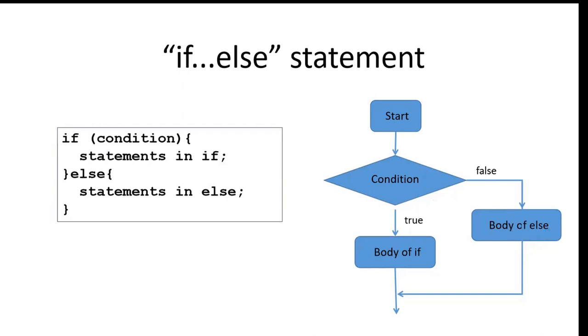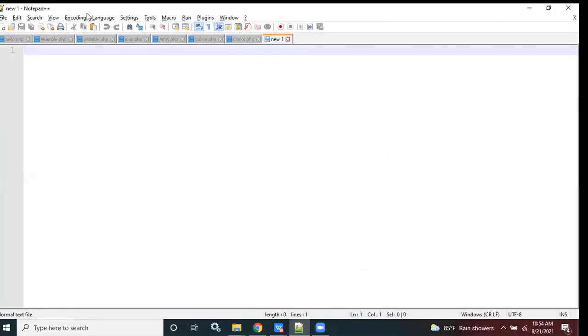So now we have a path for both sides, so that whenever the condition is false, we also have other statements that we can execute. I'm going to check whether a certain color is red or not. If it's red, I'm going to print the color is red. Otherwise, I'm going to print the color is not red.